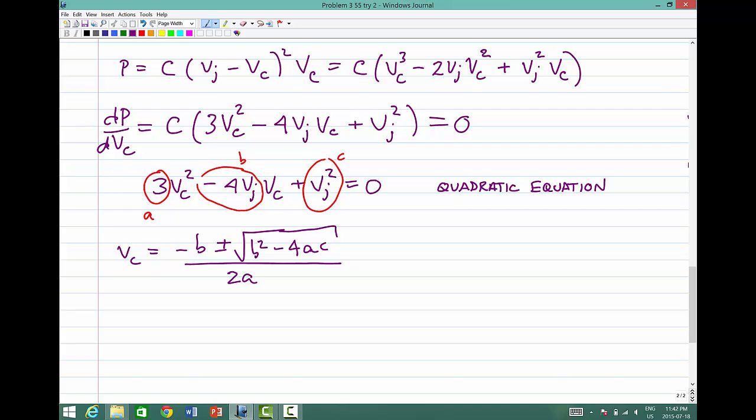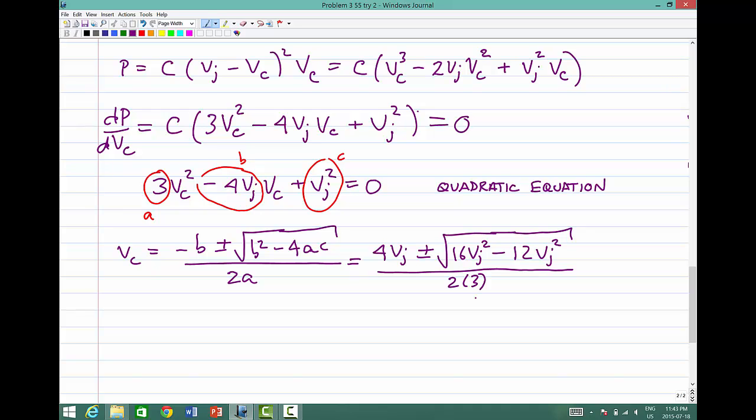And so what we have is minus B, so that's going to become 4Vj, plus or minus the square root of, okay, B squared is 16 Vj squared minus 4AC. So 4 times 3 is 12, so that's going to become 12 Vj squared, all over 2A. Well, A is 3, so that's 2 times 3.